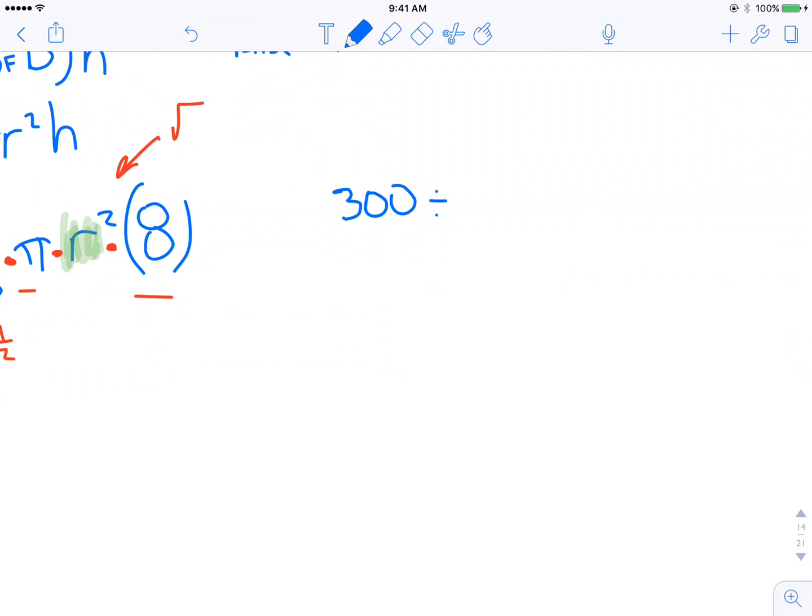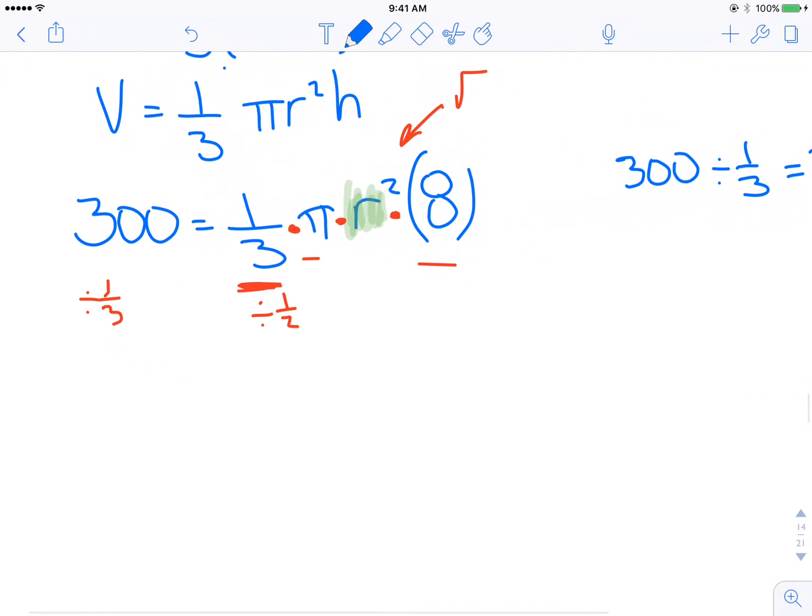Remember, multiplying fractions, we flip and multiply. 3/1, make this a fraction, which is 900. So this is going to be 900 equals pi times radius squared times 8.